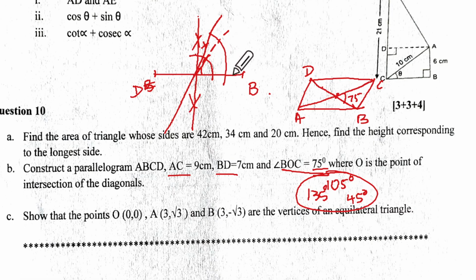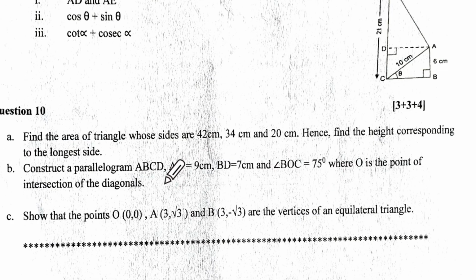Now this is your O. So if AC is 9, how much will be AO? 4.5. How much will be CO? 4.5. So from here 4.5, from here 4.5, and this will be your A, this will be C. Then you join this. Did you understand how this is to be done? Most of the questions are time consuming, but it's all right.